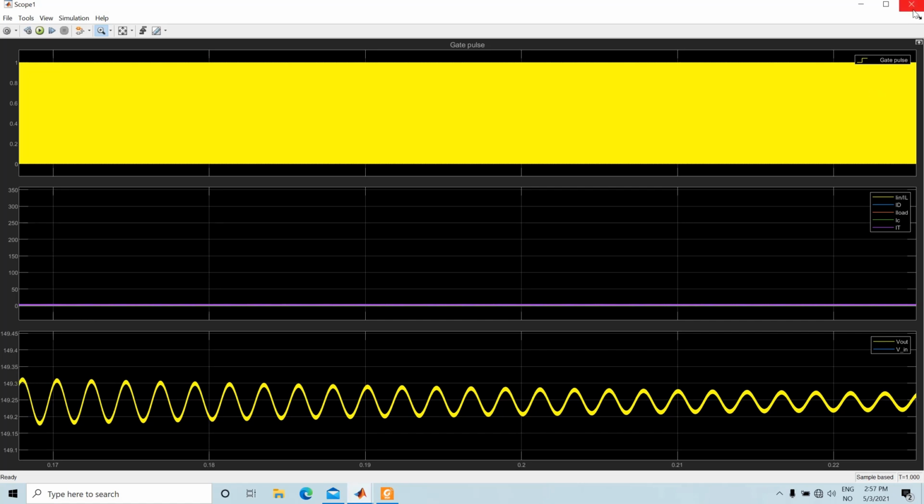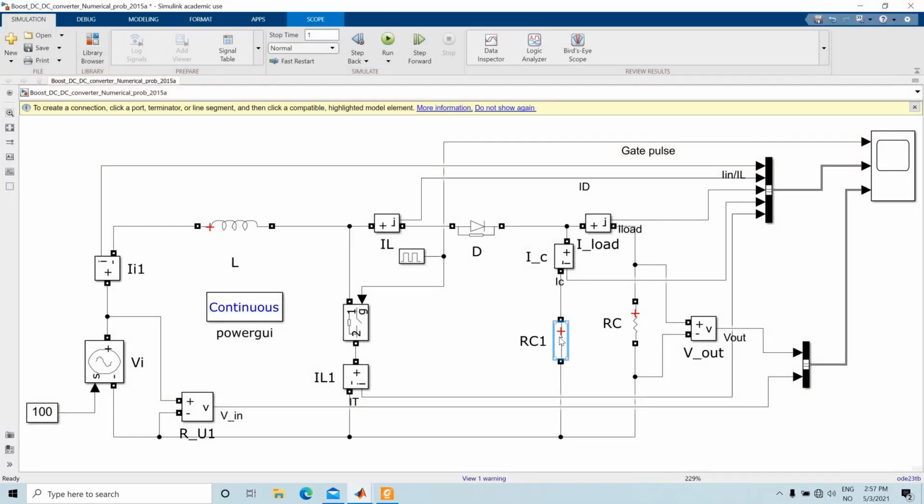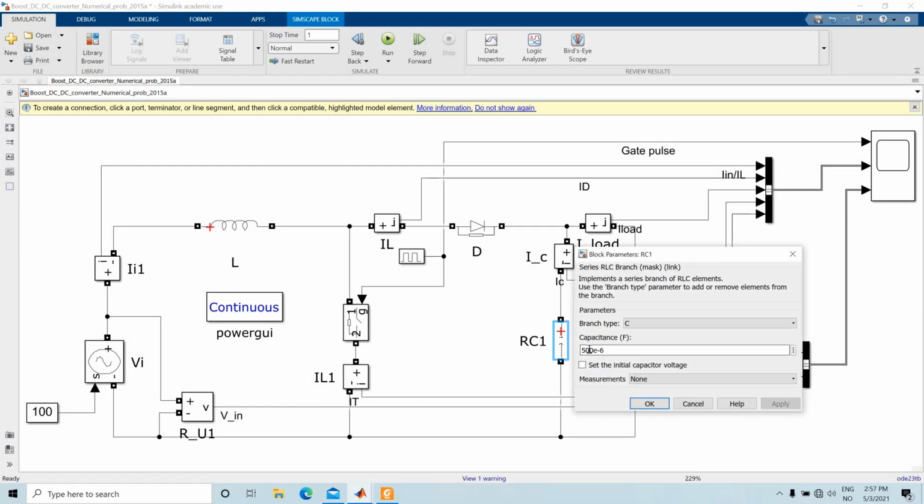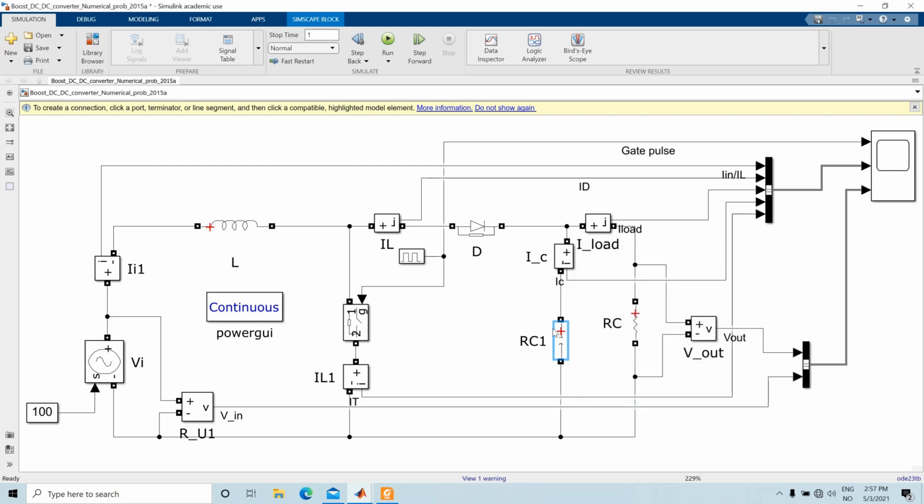Now this value will obviously increase if you reduce the value of your capacitor C. If you run it, you will be able to see that for a reduced value of C, your output ripple will go high.